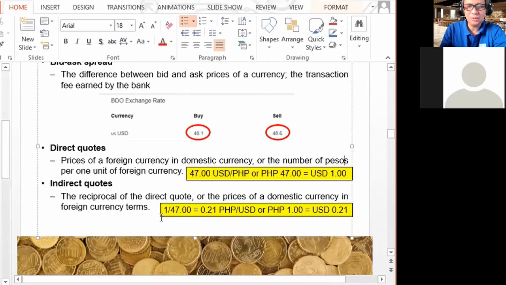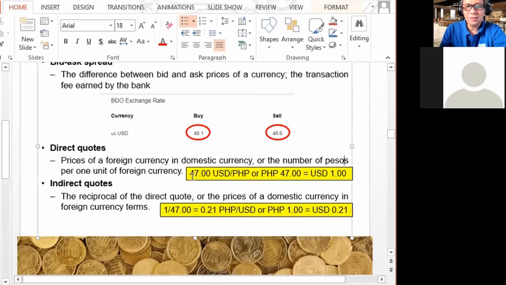Magkano naman yung piso? 1 unit of the domestic currency in US dollar. No? It's normally expressed in this manner. Okay. So 1 peso equal to 0.21 in US dollar.